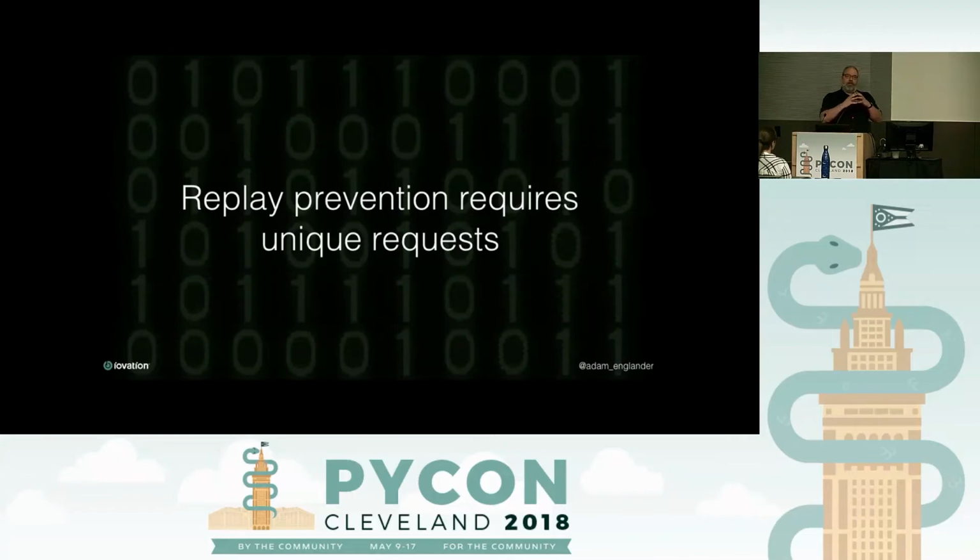If you can find a way to make that request unique, you can then check to see if you've seen it before. If an attacker can just keep sending the same request over and over again, right, you can all download a tool right now that can just spin up 100 threads on your local machine and go destroy somebody's server. So you need to get a little bit beyond that. And one of the ways that you do that is through replay prevention.